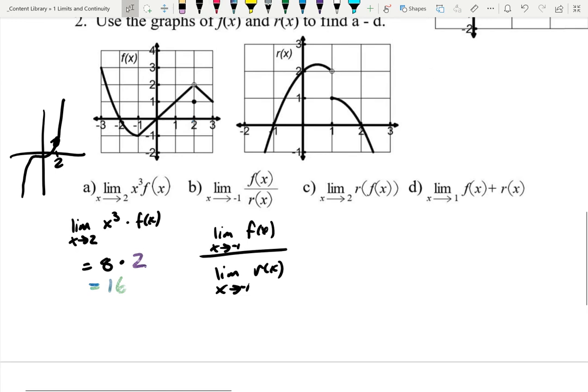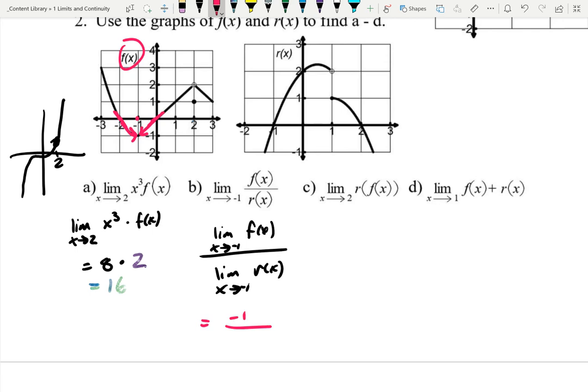Now what happens as x approaches -1 on f of x? Well, here's -1. I'm going to go to the left and head towards -1. I'm going to go to the right, head towards -1. It appears that I am approaching a height of -1.